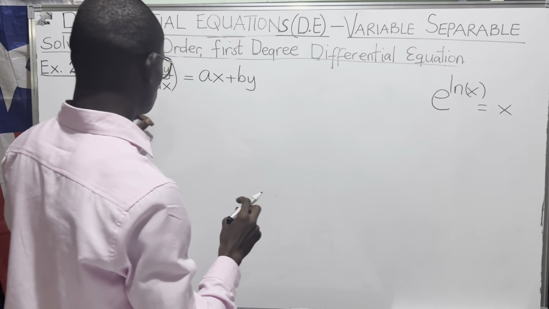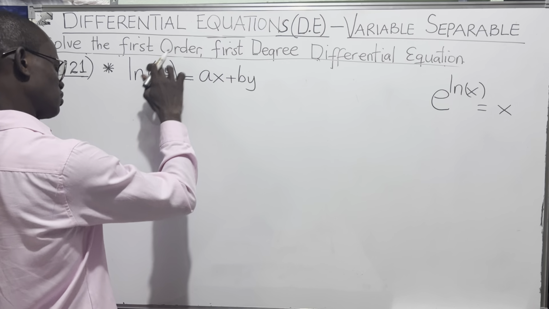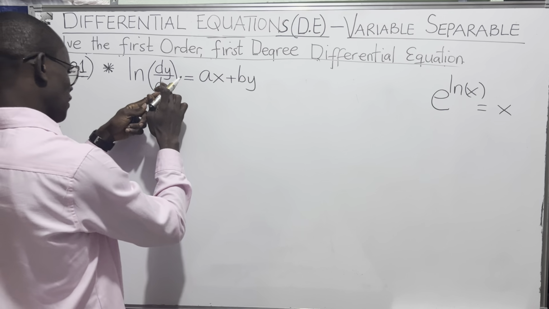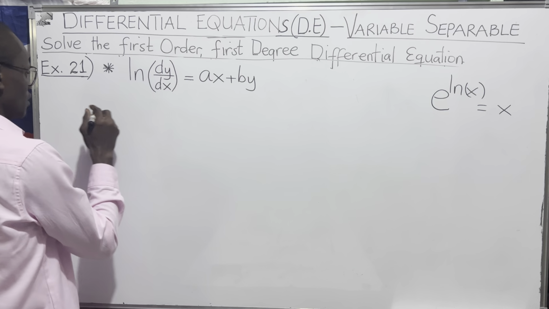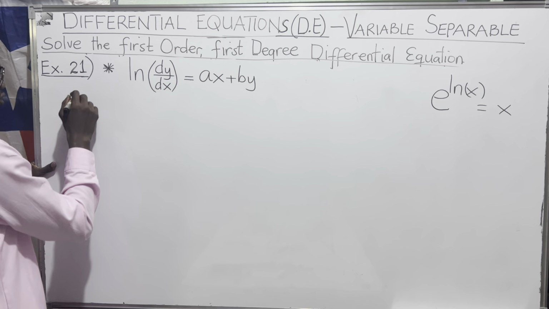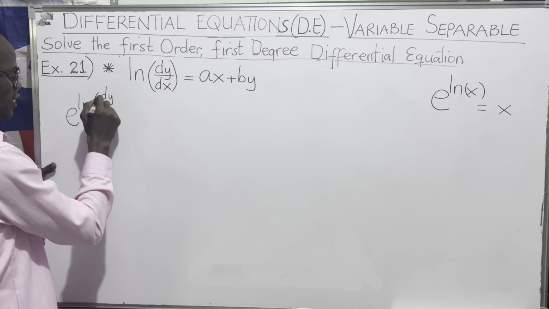So it is similar to this expression. If this is ln of this expression, to get rid of the ln, you have to say e raised to the ln of what is in there, dy by dx.